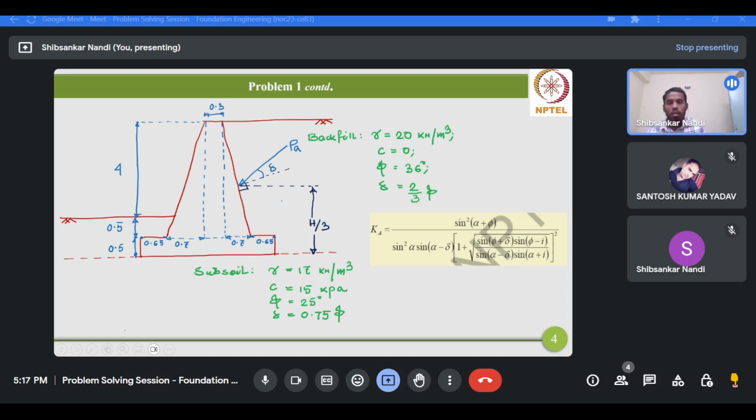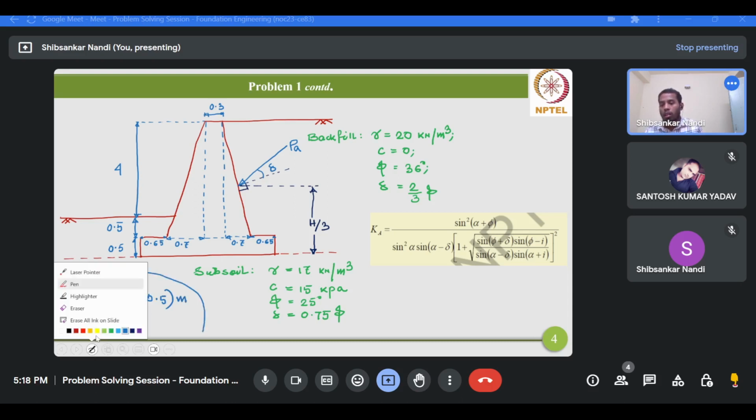Now, what is this h? In this case, the h is basically this total height. The h value is basically 4 plus 0.5 plus 0.5, that means 5 meter.